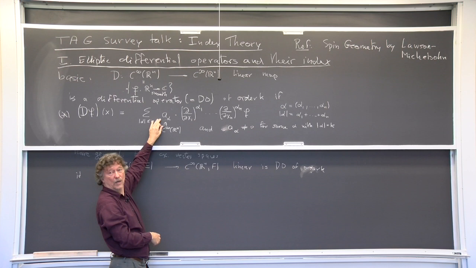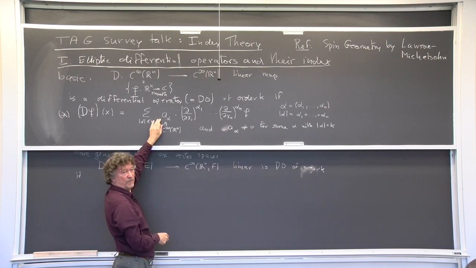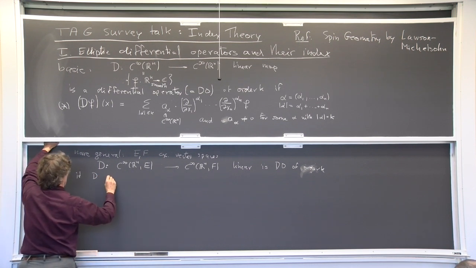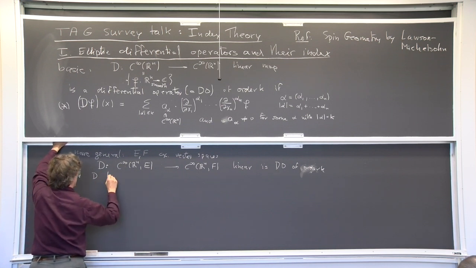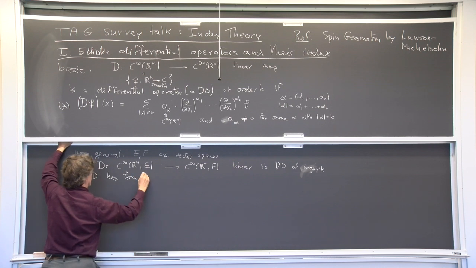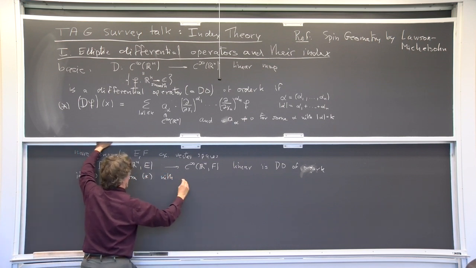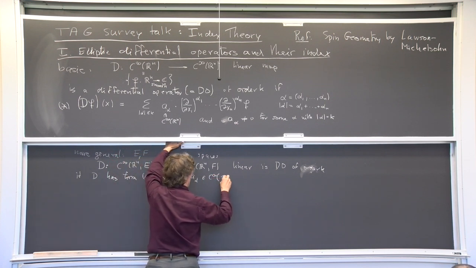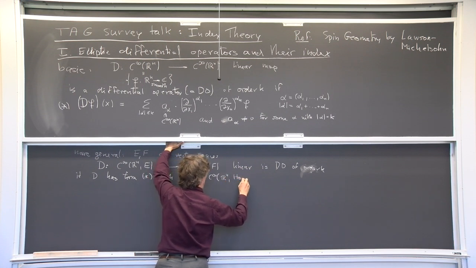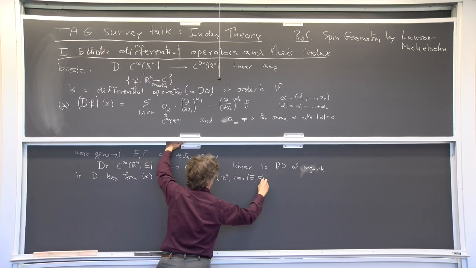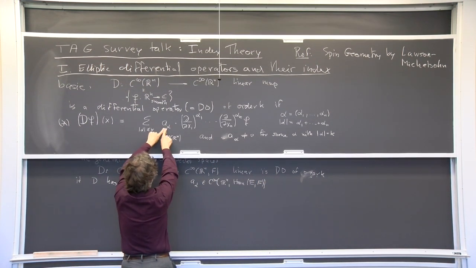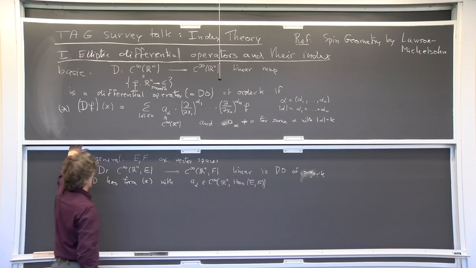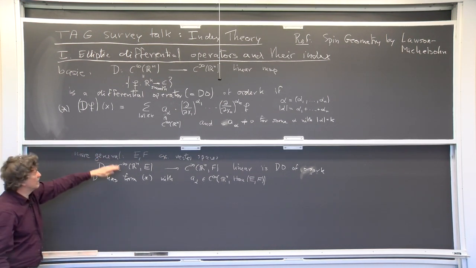In other words, it should be a map from R^n into the homomorphisms from E into F. So if the operator has the form star, with the understanding that now A alpha, which before was a function with values in C, is a function with values in the linear maps from E to F, then if you apply this to an E-valued function, you get an F-valued function. Okay, so that's the differential operator acting on vector-valued functions.